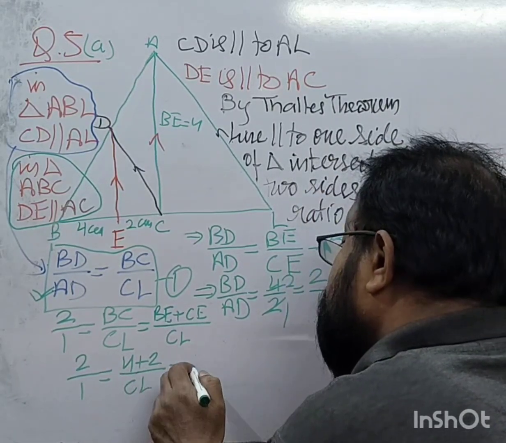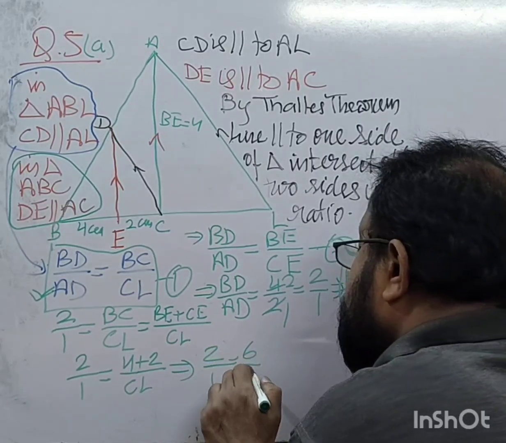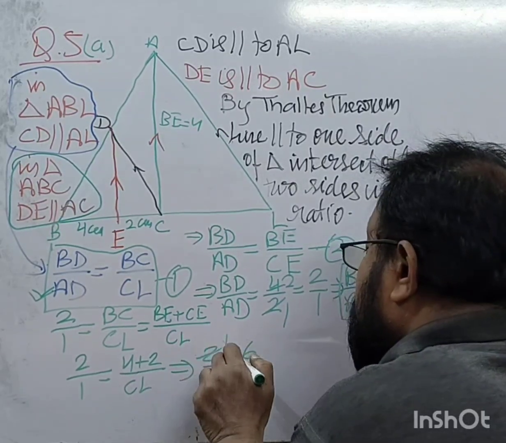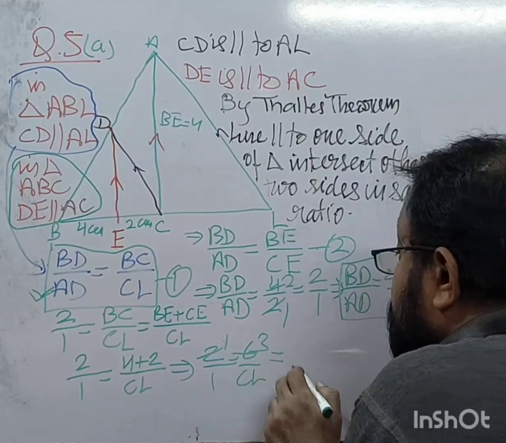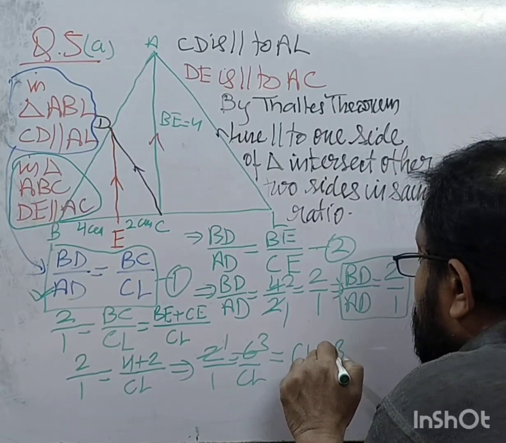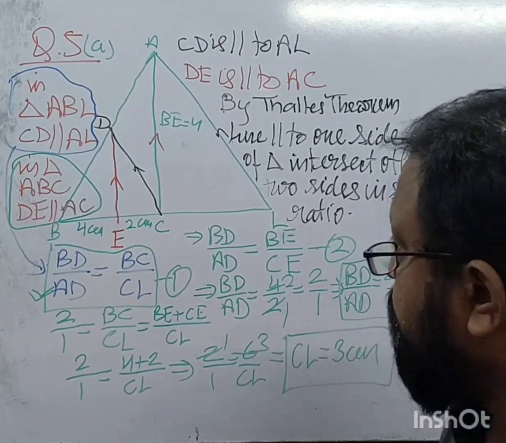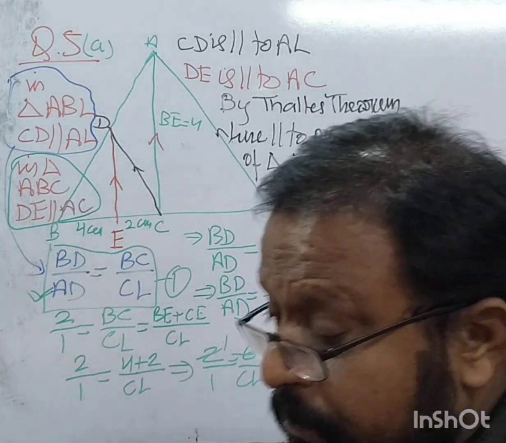So it becomes 2 upon 1 is equal to 6 upon CL. It becomes 3. So CL is equal to 3 centimeter. What is your answer? 3 centimeter. Is it?